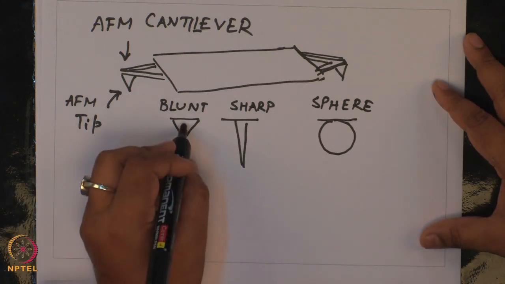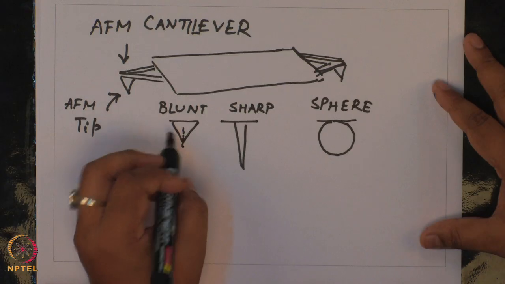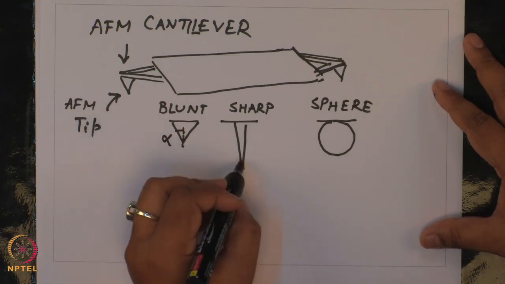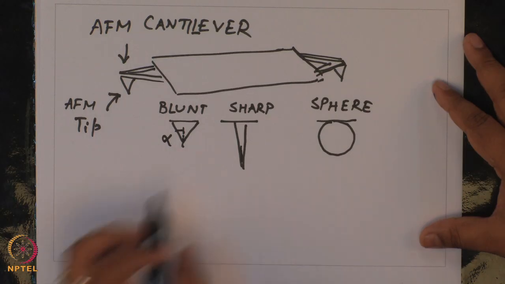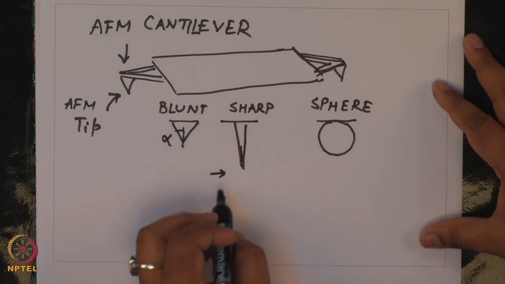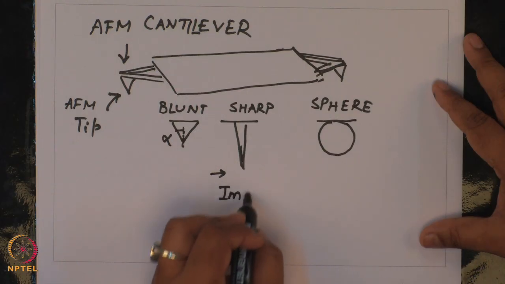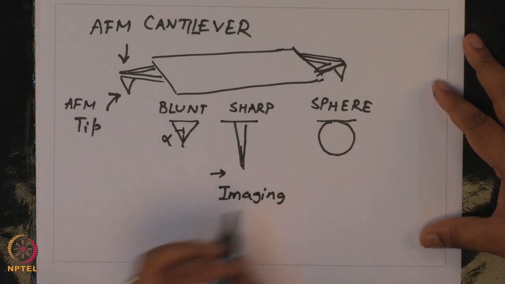So, among the other things, what you have is the tip geometry, and the half angle is different in these cases. This sharp tip is much preferred for imaging purposes as well as protein unfolding purposes.